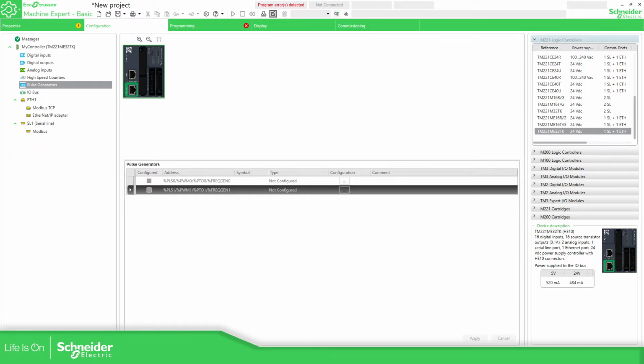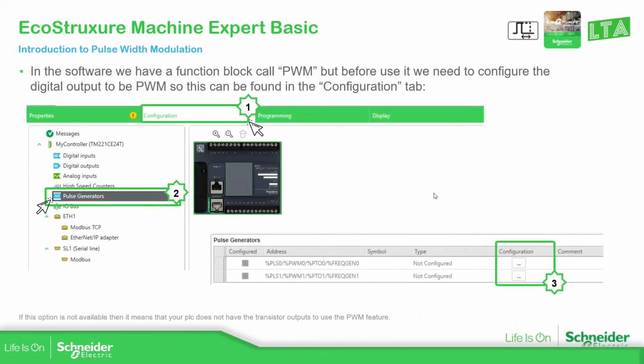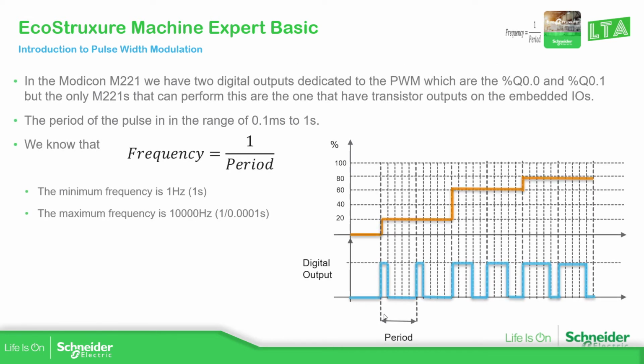Once you have configured that, there are two things we need to check here, which are the time base and the preset. The time base and preset will help us define this value, the period.